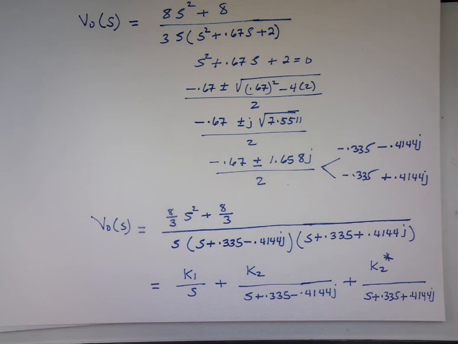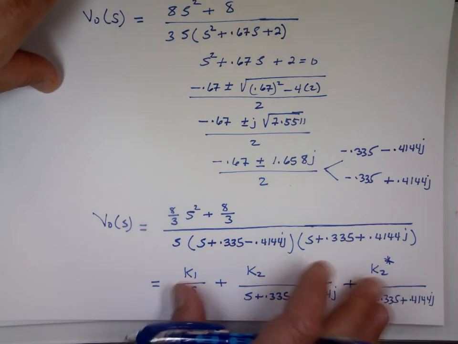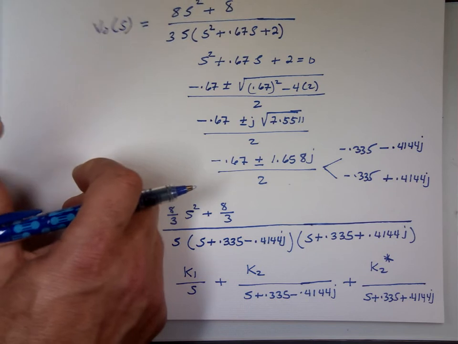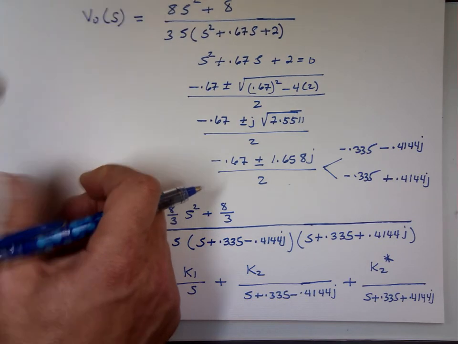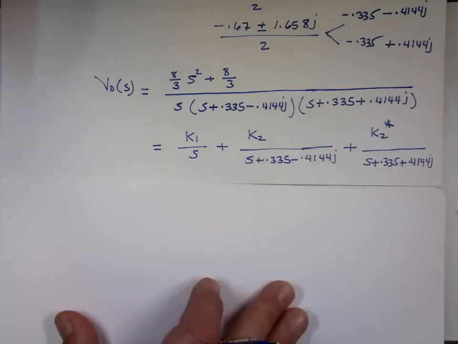Plug it in. Now, to get what K1 is, notice K1 is sitting on top of S. So again, I'm not done solving in Laplace. I got to find K1, K2. To get K1, which is sitting on top of S, take S out of that.